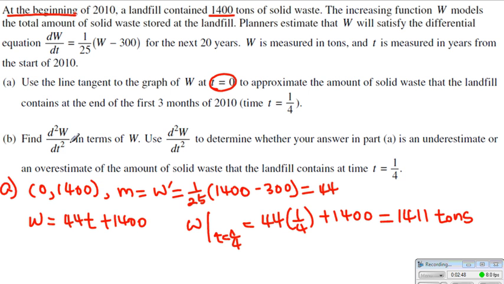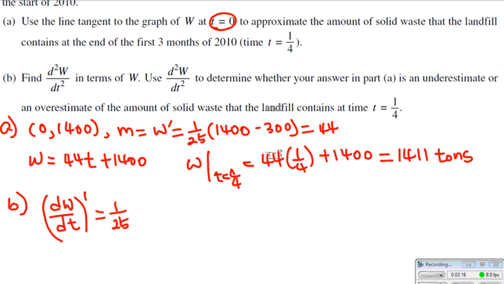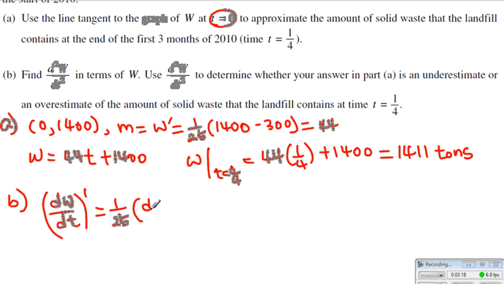Part B: find the double derivative. How are we going to find the double derivative? It will be simply dw/dt; you're going to take the derivative of that. In this case, what we end up getting is 1/25. The coefficient stays. We'll simply end up getting the derivative of w minus 300, which is equal to dw/dt.